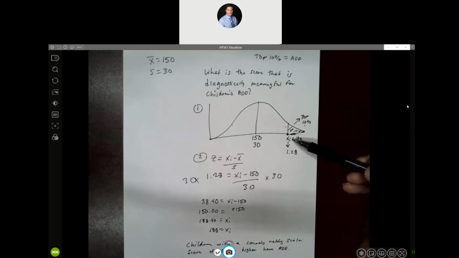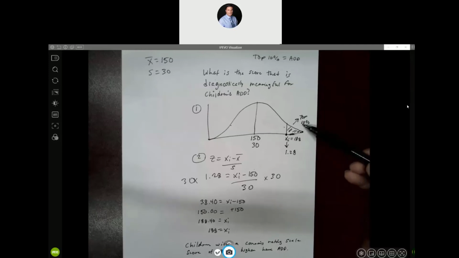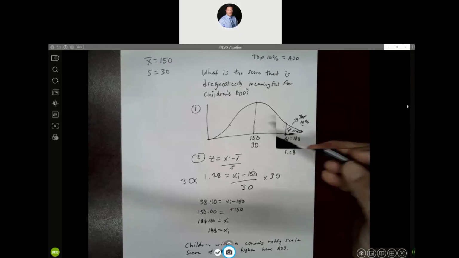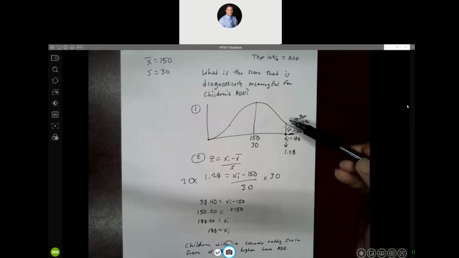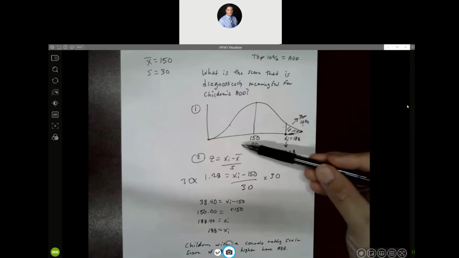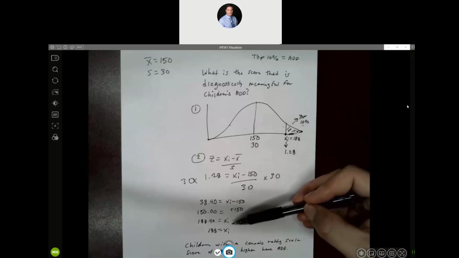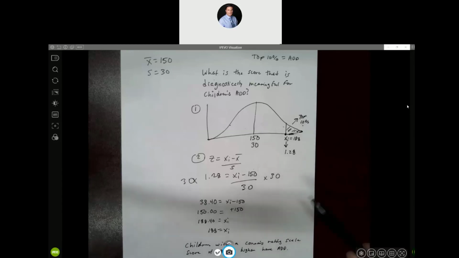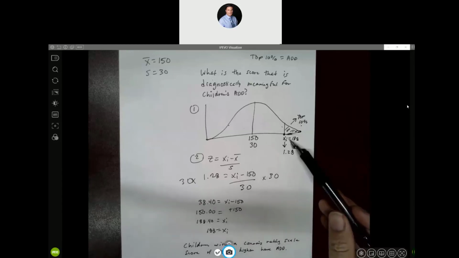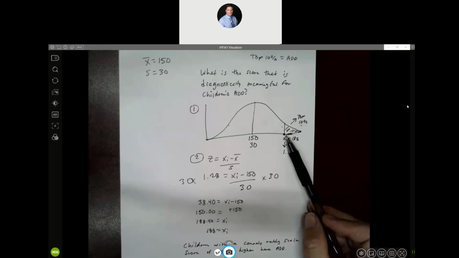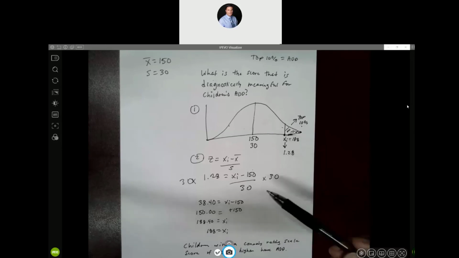I'm trying to find the score, the X sub I. I can look up the Z score that corresponds to this X sub I if I know the proportion, either the small portion, mean to Z, or the larger portion. And if I know 3 of the 4 coefficients in this equation, I can solve for the 4th, and that's exactly what I did. What I found out is that X sub I is 188. That score or higher should be diagnosed with ADD.